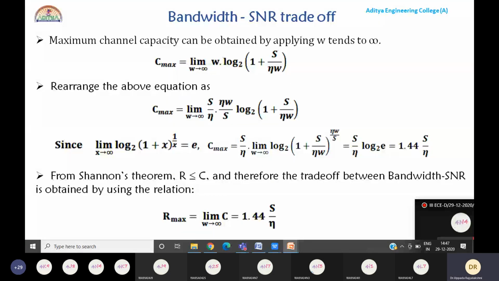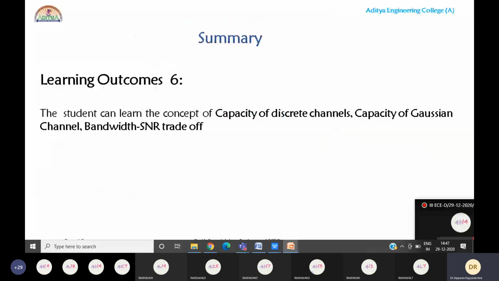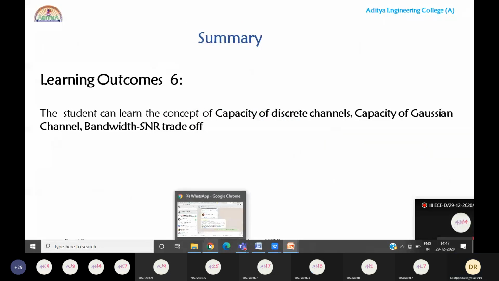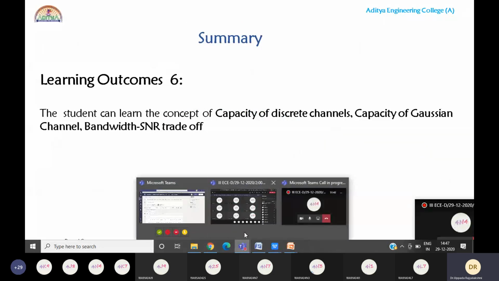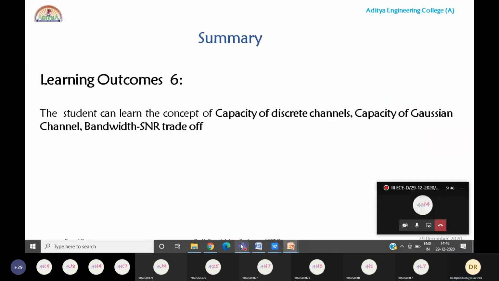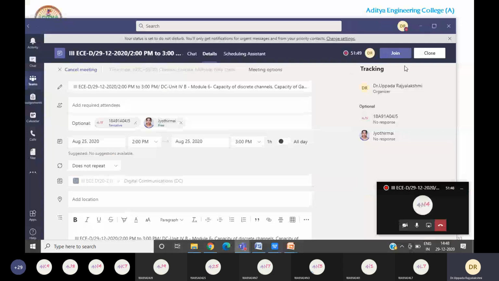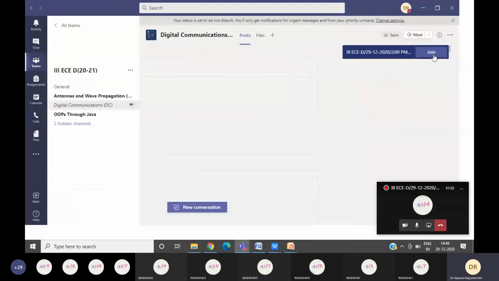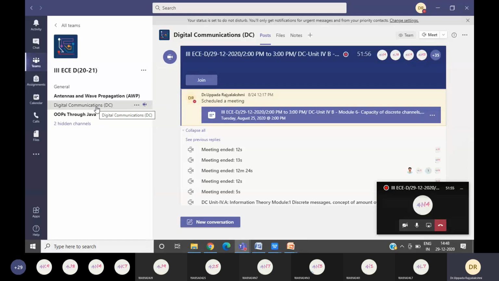Okay. With this almost all we have completed our 4th chapter, and I can show you where I have uploaded the documents regarding your 4 chapters. Did any one of you check the files of your 4 chapters? See, in the Teams, you have entered the digital communications channel. So here you have posts followed by files followed by notes. Here go to files.